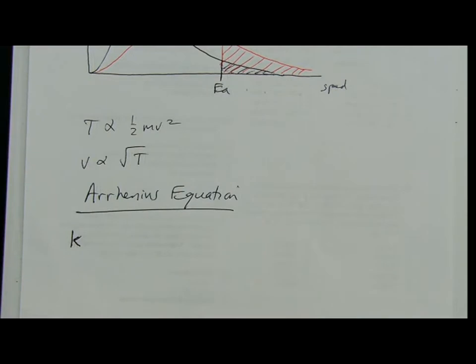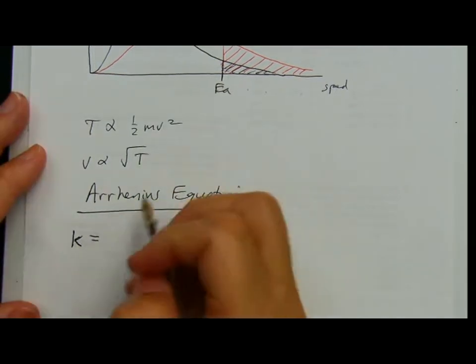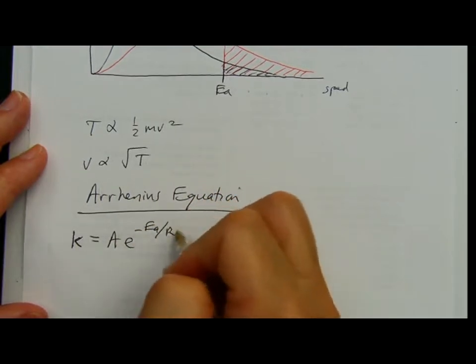We have a rate law that says rate is equal to k times the concentration of A to the x power, B to the y power, the reactants raised to powers, and an increase in k is why reactions speed up with increasing temperature. So the rate constant increases. It's equal to A e to the minus E sub A divided by RT.